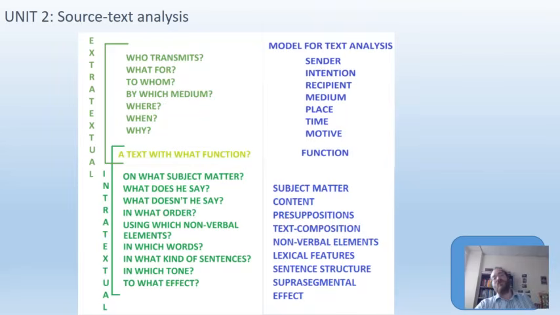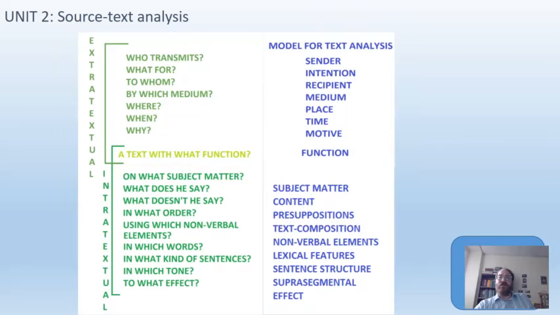So these are all questions you ask yourself when you are reading a text and preparing to translate it. And those two things, extratextual and intratextual factors, they combine to produce a text with a function.